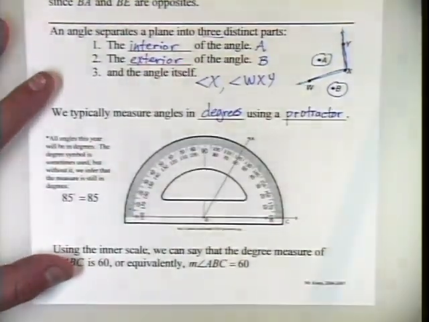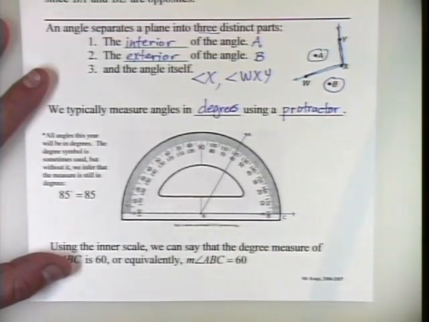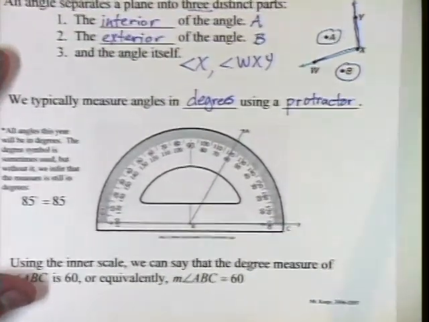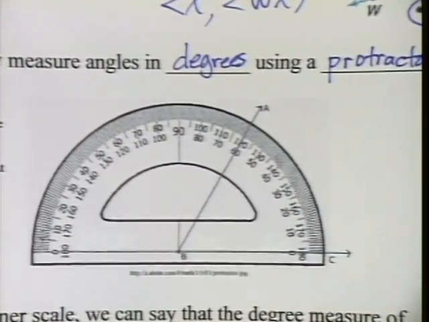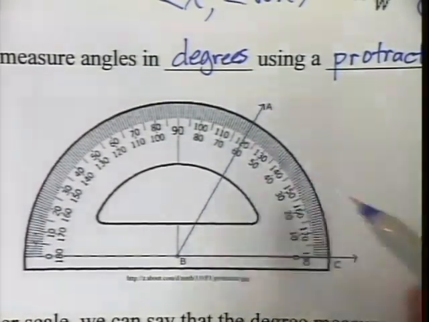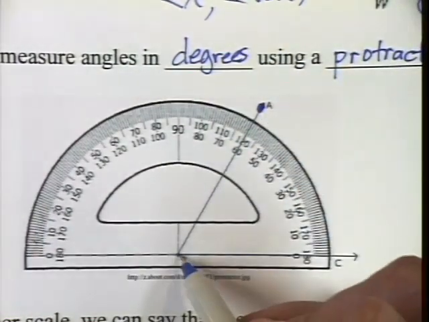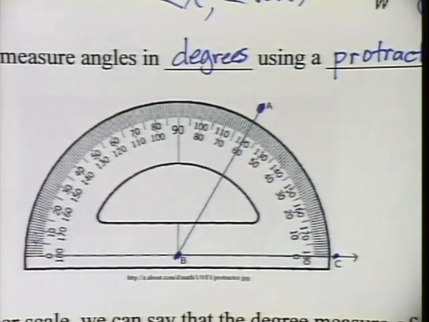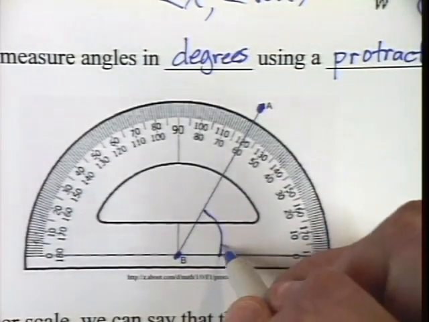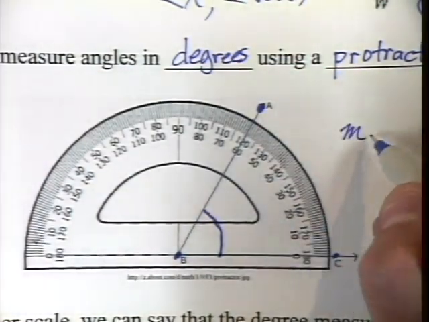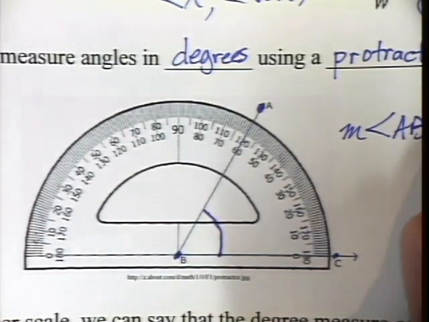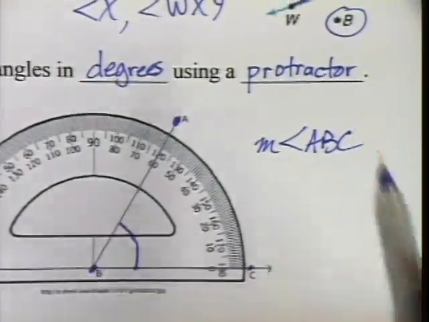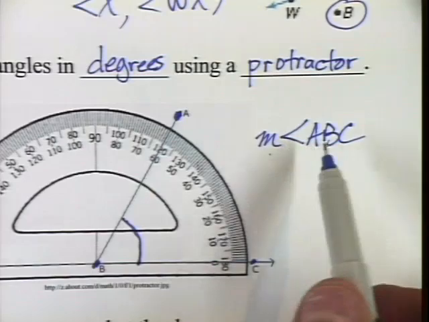Let's say we have this angle right here, which I'm going to zoom in on. Okay? We've got an angle that's formed by point A, point B, and point C. To measure this angle right here, which is the measure of angle ABC, whenever we're measuring angles, we have to put a little m in front, meaning the measure.